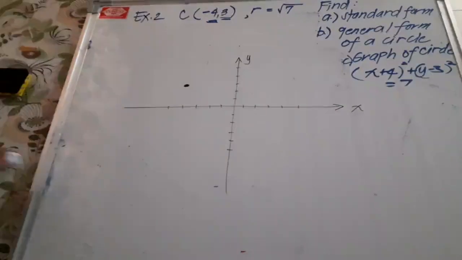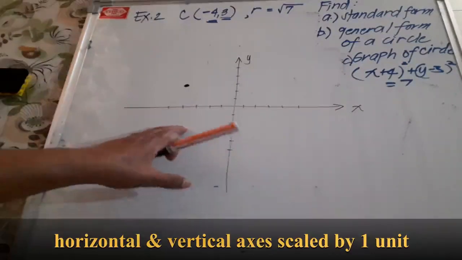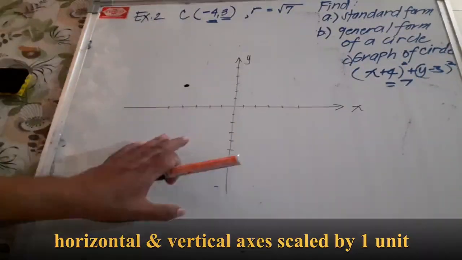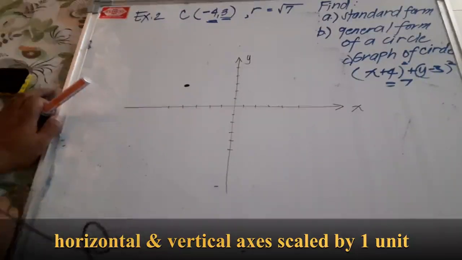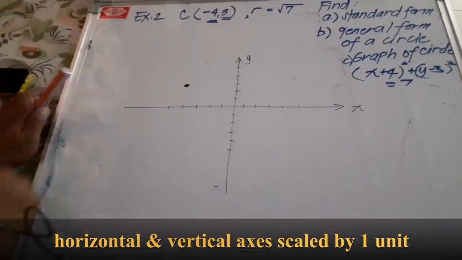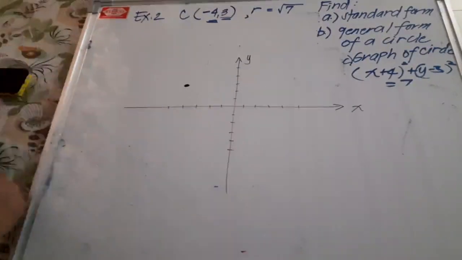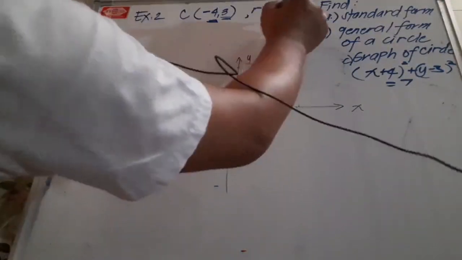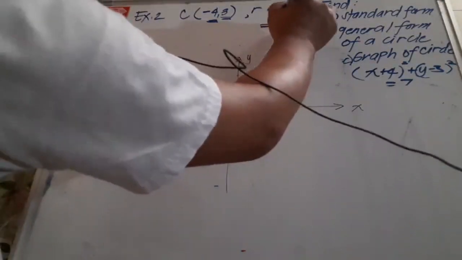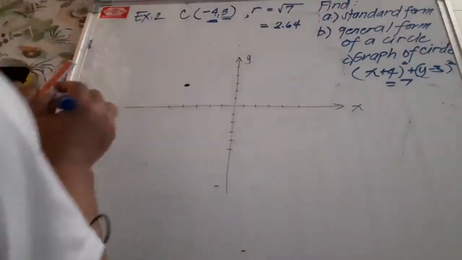So, ang hirap niyan. If we have these scales na 1, 2, 3 ang ating mga separation about scales. So, we're going to convert square root of 7 to decimal para ma-plot natin siya. So, square root of 7 is 2.64.